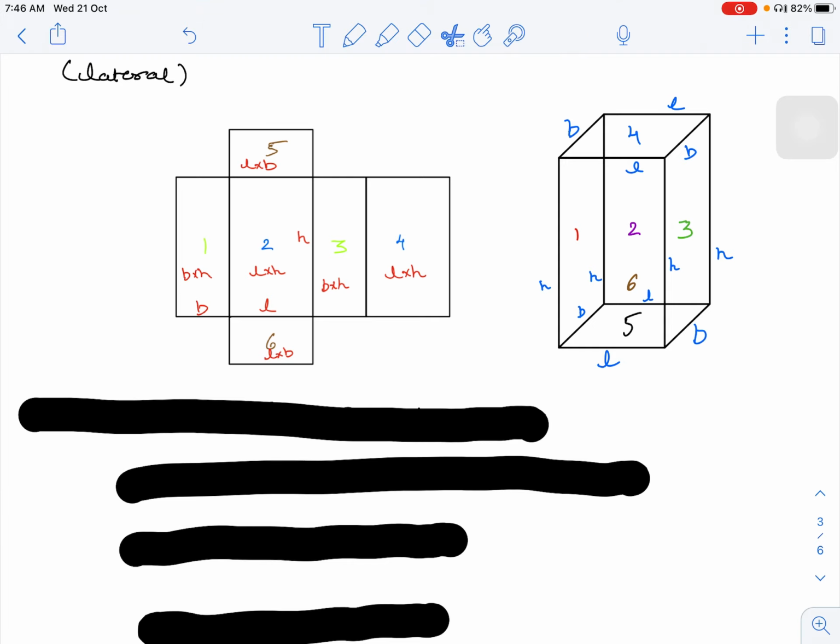Now, to find the curved surface area, I have to find the area of these faces: 1, 2, 3 and 4.